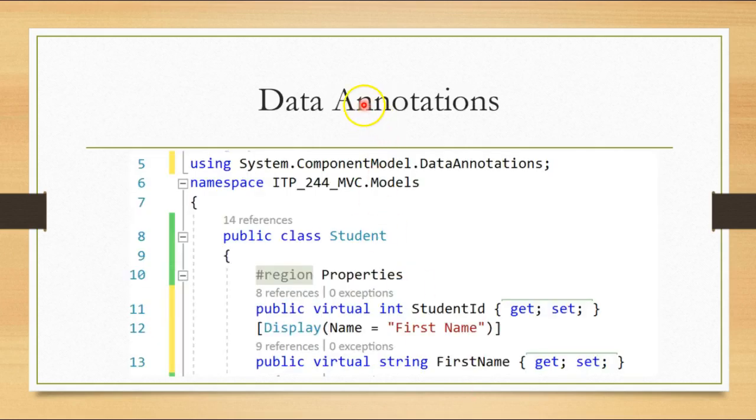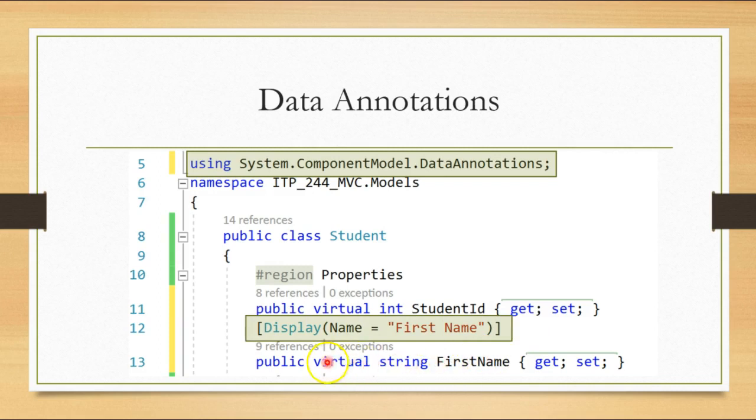So we're going to add something called Data Annotations. To do that, we add a reference to system.componentModel.dataAnnotations. And for first name, here's my variable first name. I'm going to add a property attribute called display.